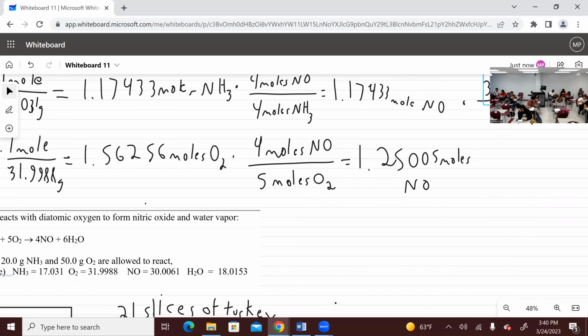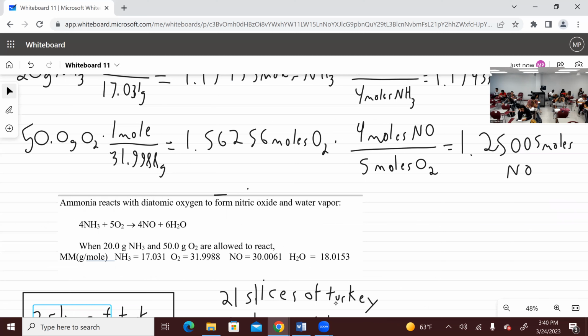If you guys recall, I formed 6 moles of water for every 4 moles of ammonia that's consumed. So I'm going to take my moles of ammonia and multiply it by what and divide it by what? Yeah, multiply by 6 divided by 4. All right, y'all see that? Because I'm trying to get moles of water now.